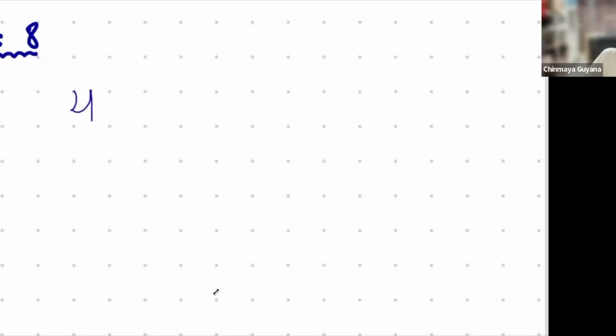This is ya. Curve, up, down. Don't say curve up, down in your head. Say ya, ya, ya. And not just in your head, out loud. Say ya as you're writing it.